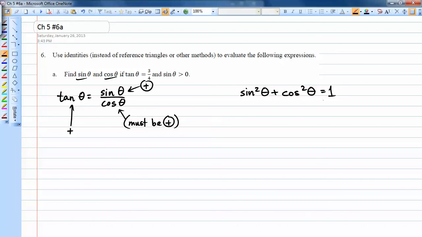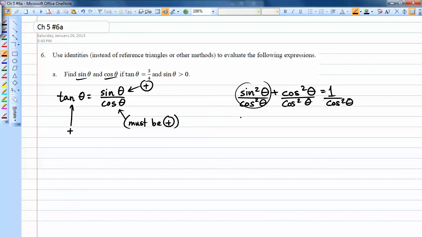What we want to do is somehow relate tangent to these. Well, if I divide everything by cosine squared, then we get that trig identity I just wrote.